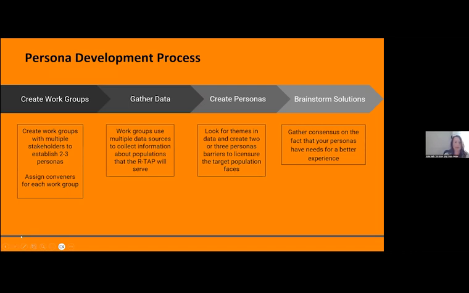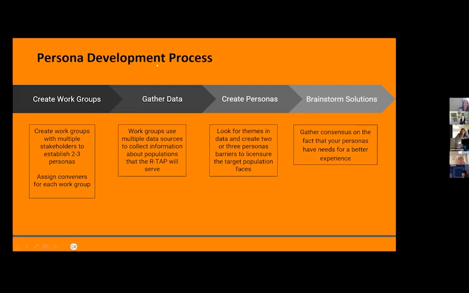The second part is to gather that data. So the work groups, again, personas are data driven. So what are the multiple data sources that the work groups are using to collect the information to design those personas? So who is their apprenticeship really designed to serve, and basing that on the needs and the data in your area.